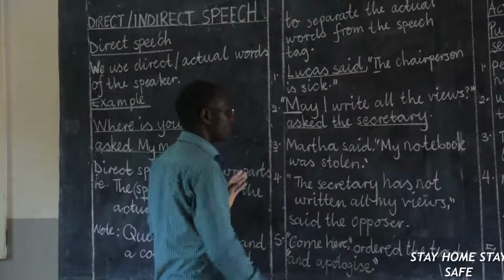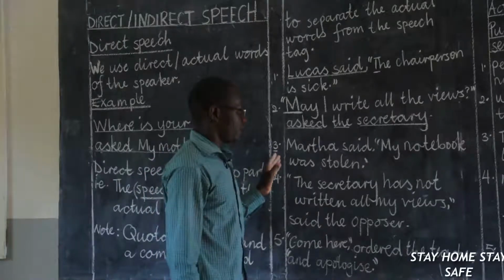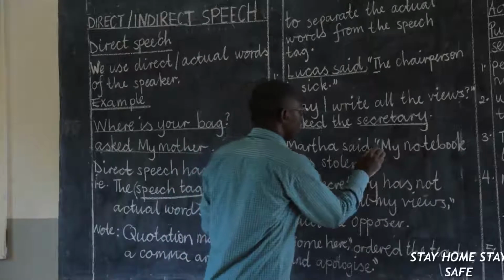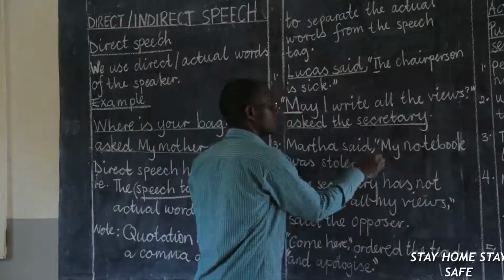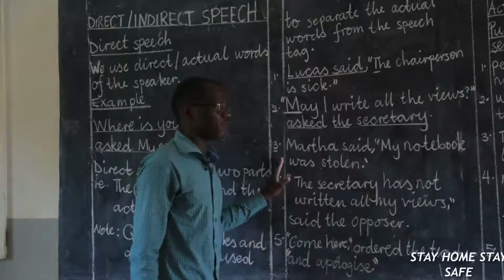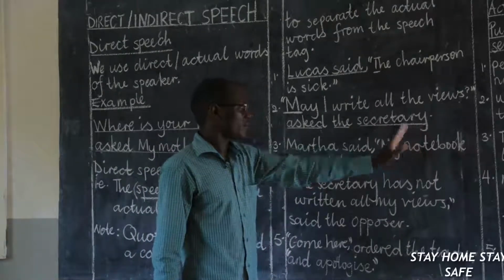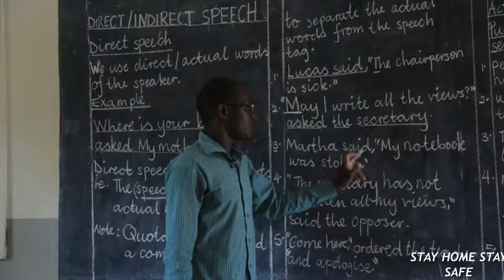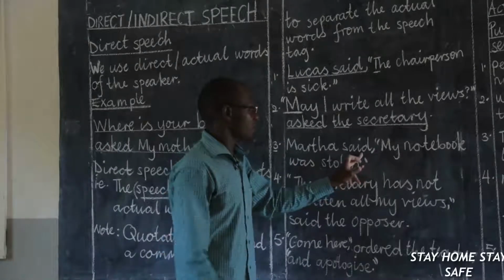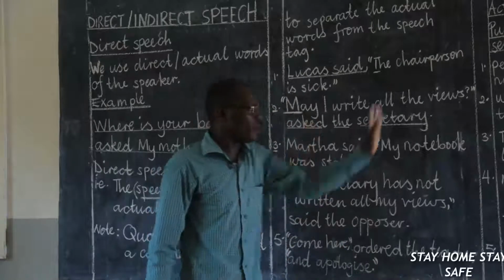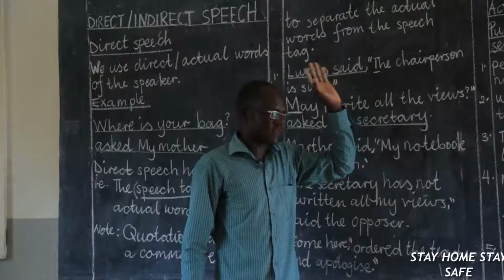Number 3, Martha said. As I told you, we need a comma to separate our words from the speaker's words. We have Martha said. I must separate them with a comma, and then I open to speak what Martha said.